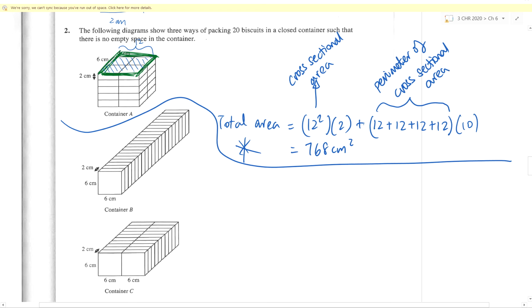You can call this a formula if you like. It will always work. Then this 10 over here is known as the thickness. So by writing this down when you revise, it should be easier for you.